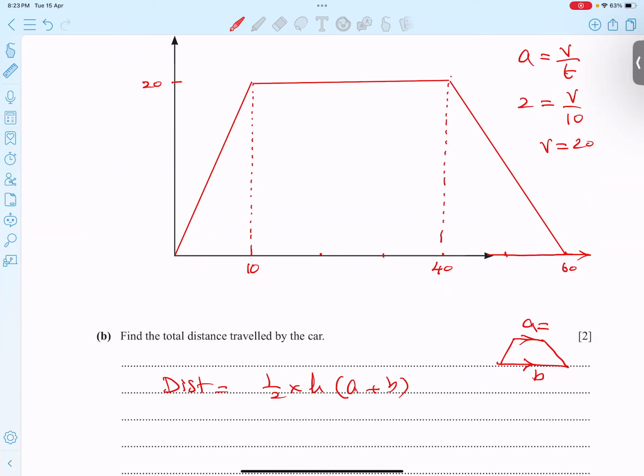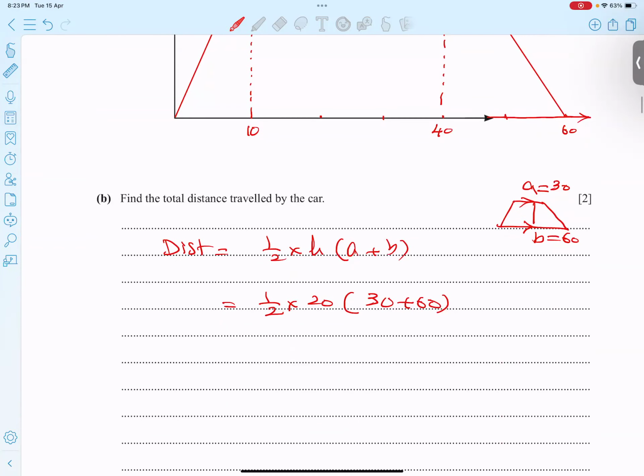Okay, so this is a 30 on the top and this down 60. So height is the gap between them, which is 20. So I think it's nothing hard. And A is 30, B is 60. And we got it. So 900. So it's a 90 and it's 10. So 900 meters.